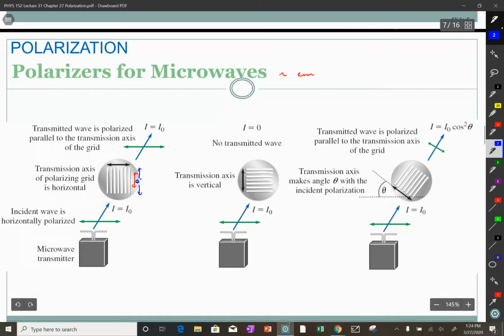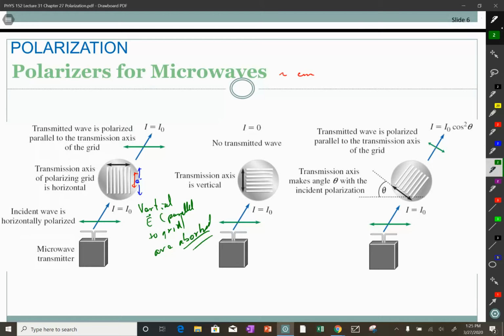And so the electric fields that are parallel to that grid, vertical electric fields, because it's parallel to them, are absorbed.